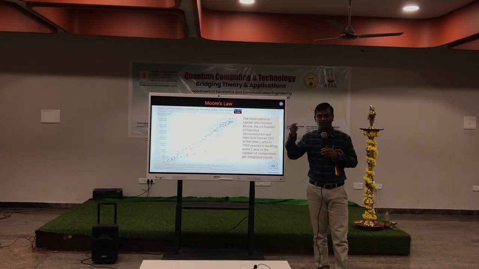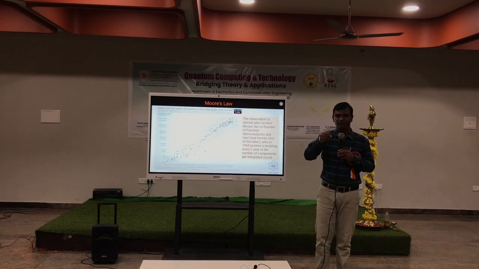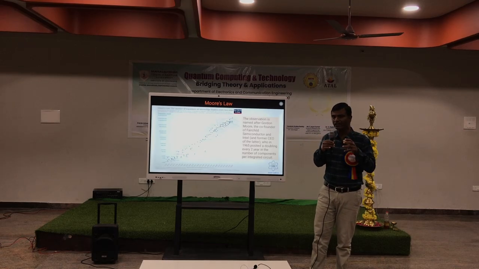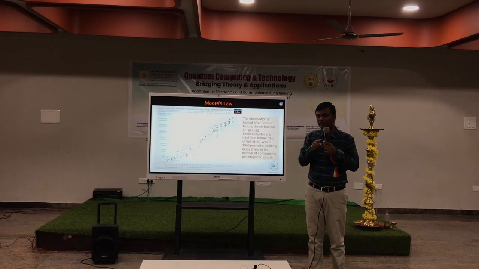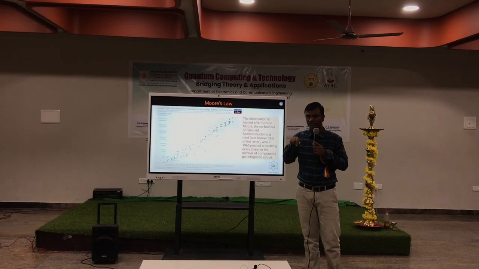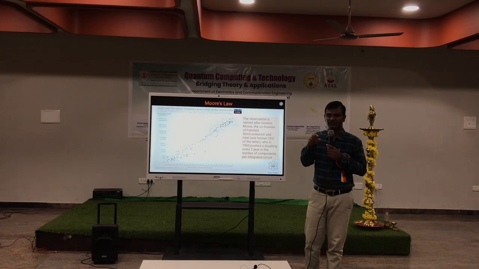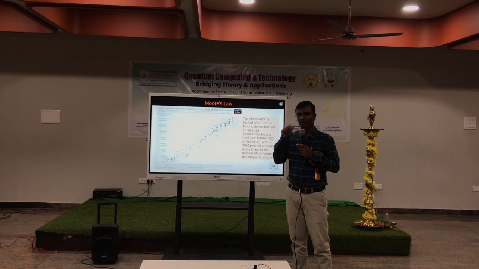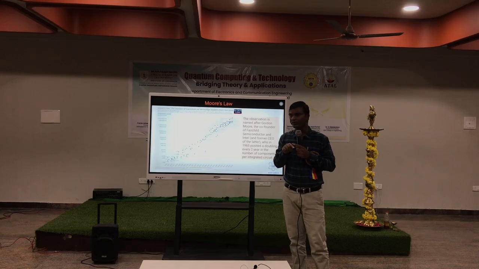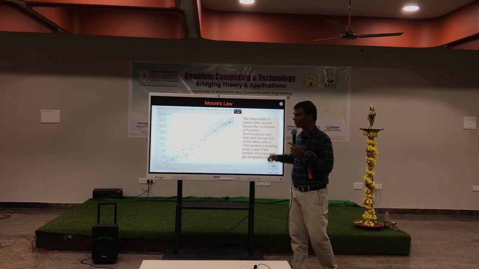As you embed more and more transistors in the chips, because of the heat and heat exchange among these transistors, new phenomena were observed, and that led to the rise of the quantum computer.